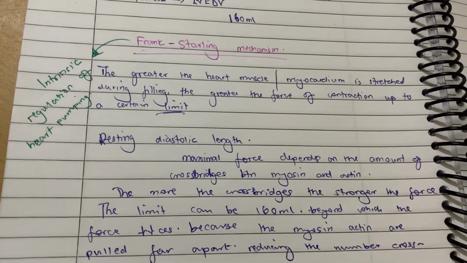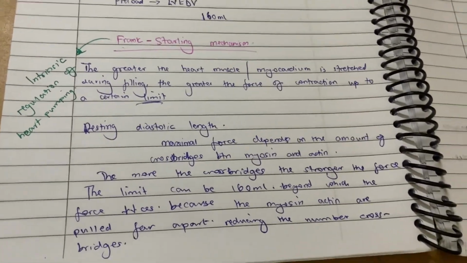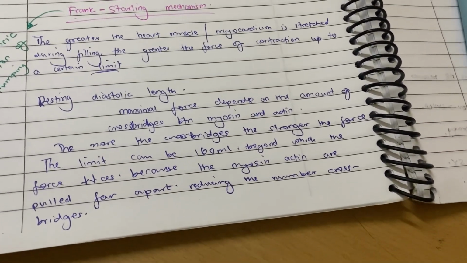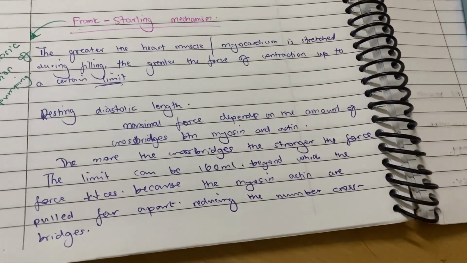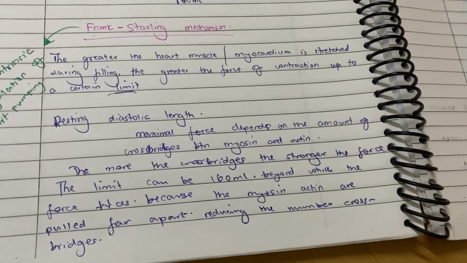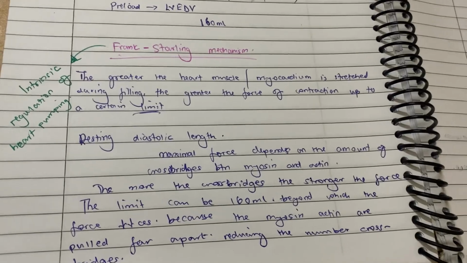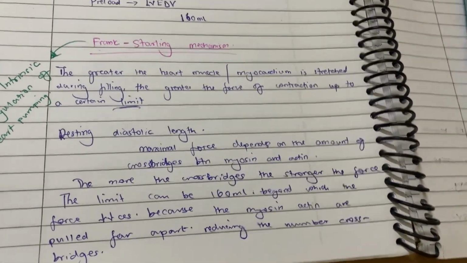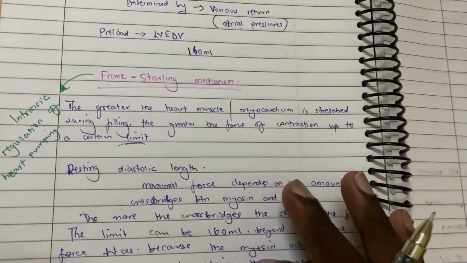And this happens in decompensation. In decompensation, most of the time, decompensated heart failure, like decompensated hypertensive heart disease, decompensated hypertrophic cardiomyopathy or dilated cardiomyopathy, it starts decreasing, or decompensated valvular diseases like regurgitation and stenosis, that is aortic stenosis, aortic regurgitation.